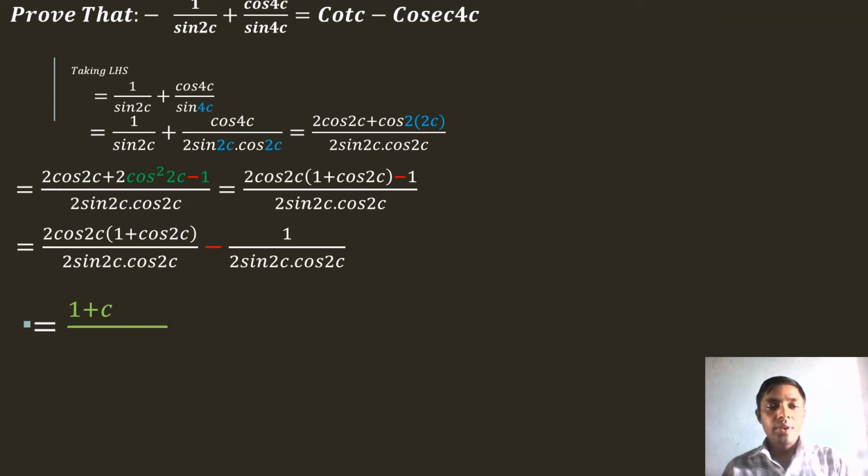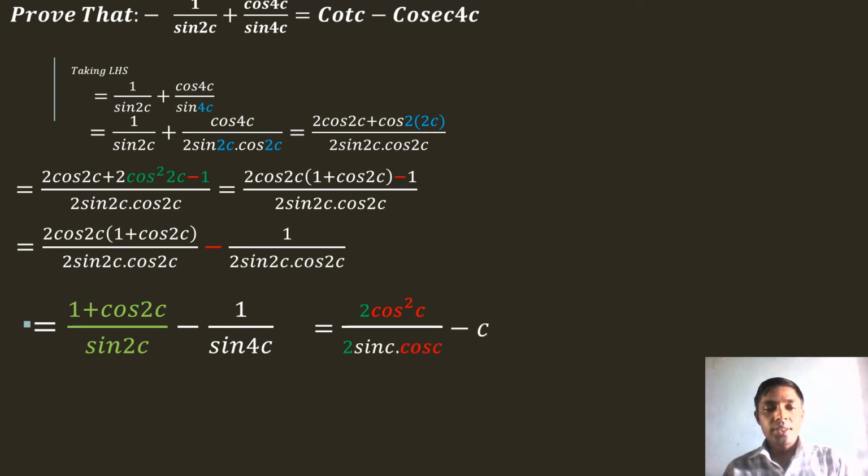Now again we will see cos 2c will cancel out, 2 will also cancel out, so the remaining term will be 1 plus cos 2c, and the denominator sin 2c. Here we will get 1 upon sin 4c. Now this is the formula of 1 plus cos 2c, 2 cos squared c.